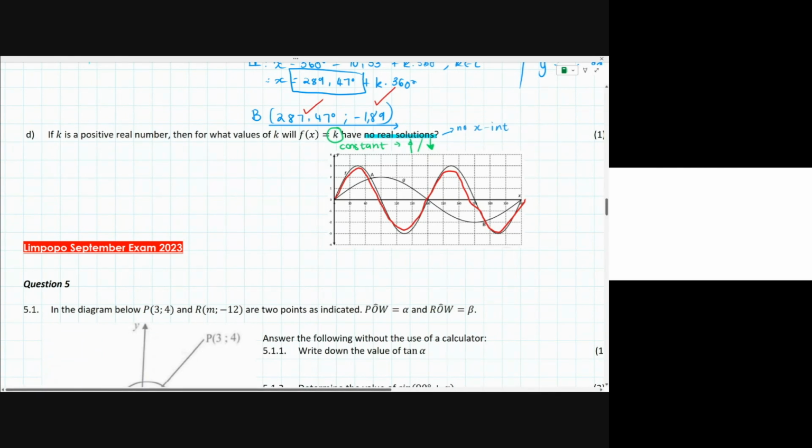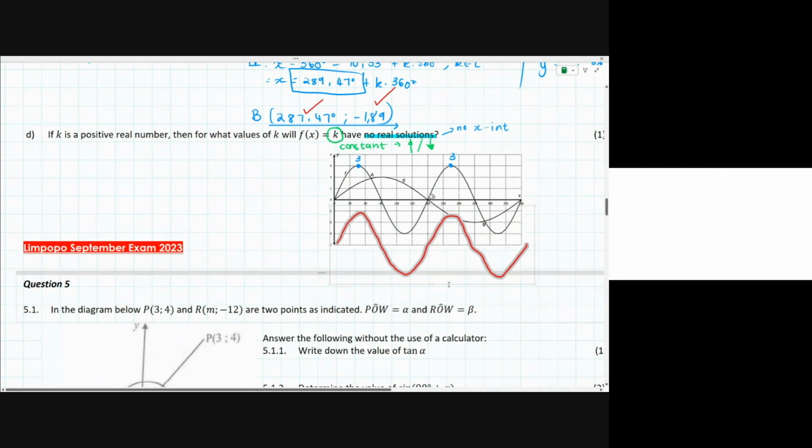We don't want this graph to cut the x-axis anywhere. Now, bear in mind that the maximum value we have here is 3 on my graph, the minimum -3. But realistically, what we want to do here is take this graph and move it all the way down so that it sits past the x-axis. Because if I move it down here, there's no x-intercepts, so there's no real solutions.